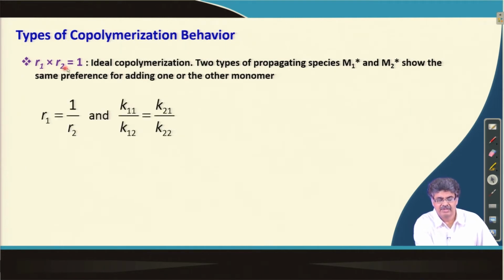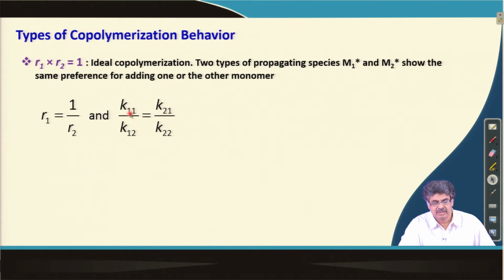So, we will talk about the first case where r1 multiplied by r2 is 1, which we call ideal copolymerization. In this case, as we can see, r1 is 1 by r2. So, k11 by k12 is equal to k21 by k22.